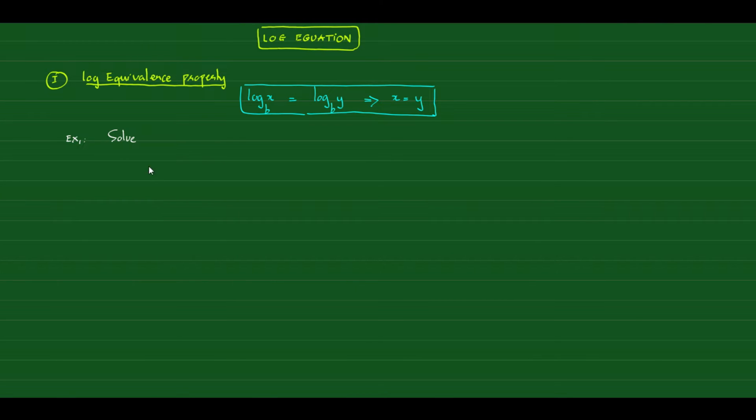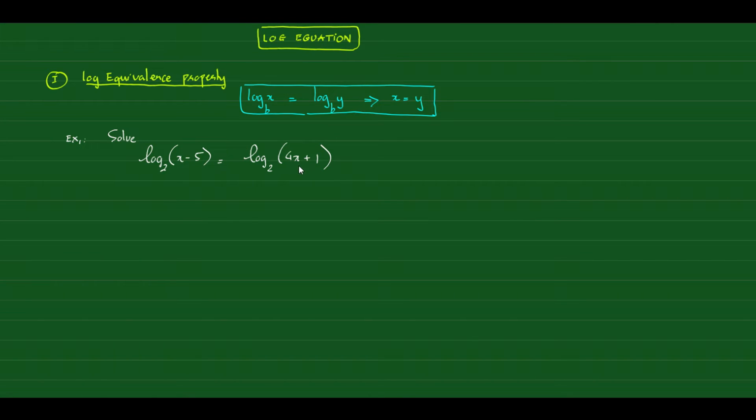What if I have log base 2 of x minus 5 equal to log base 2 of 4x plus 1, for example? In this equation, you see that I have two logs and the base is the same.